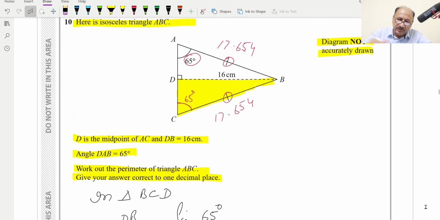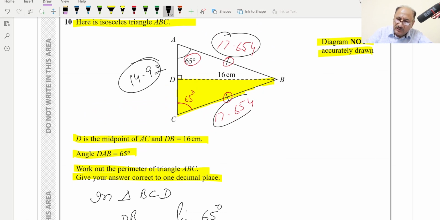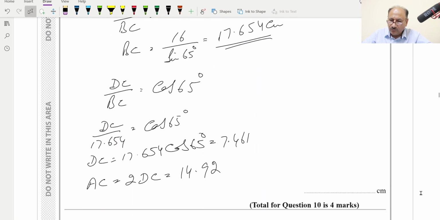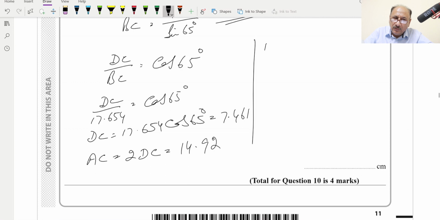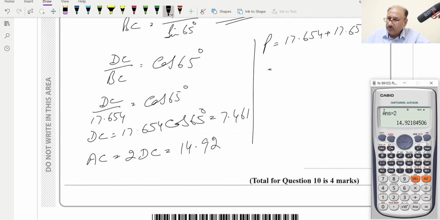We can write the perimeter. This side is 14.92, so we'll add this, and this will be the perimeter of the triangle. So P is equal to 17.654 plus 17.654 plus 14.92. This one we have to add, and 14.92 is already there, so plus 17.654 plus 17.654 is equal to 50.229.